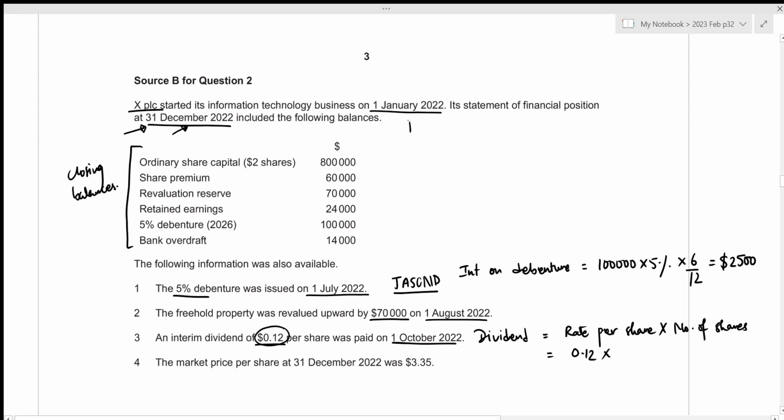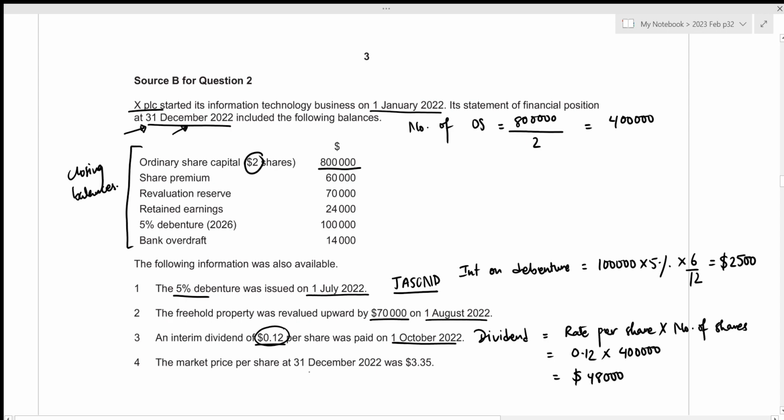Now let's figure out our number of ordinary shares. This is always going to be the value of ordinary shares, which is 800,000, divided by its nominal rate, which is 2 in this case. So the number of ordinary shares is going to be 400,000. So that's 0.12 times 400,000, which results in the total interim dividend paid to be 48,000.